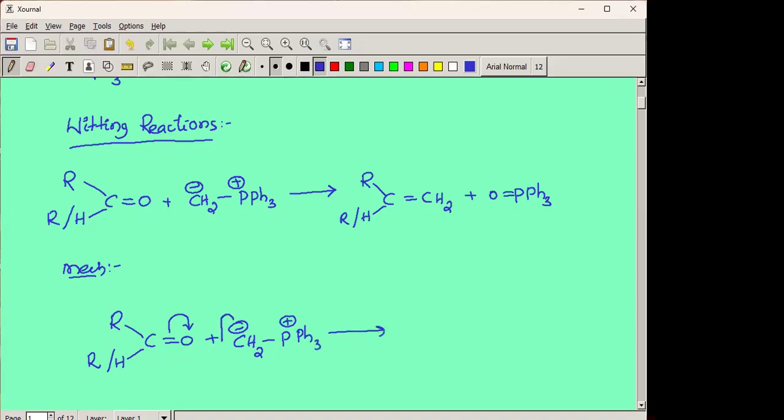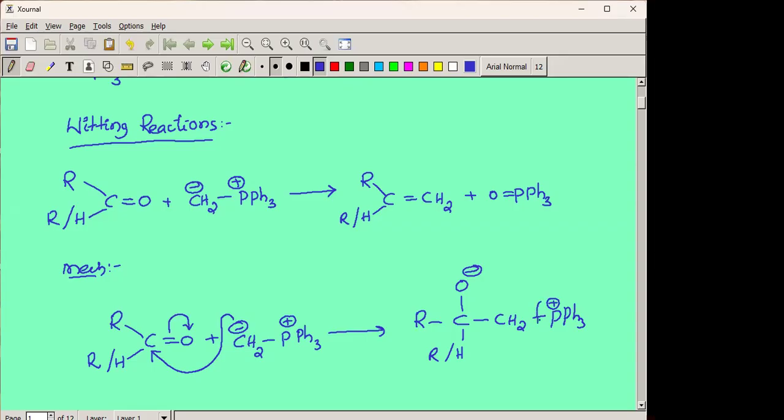So this negative charge attacks the carbonyl carbon, and we get R C O minus, with the triphenyl phosphine group and a CH2 group, with H and R.